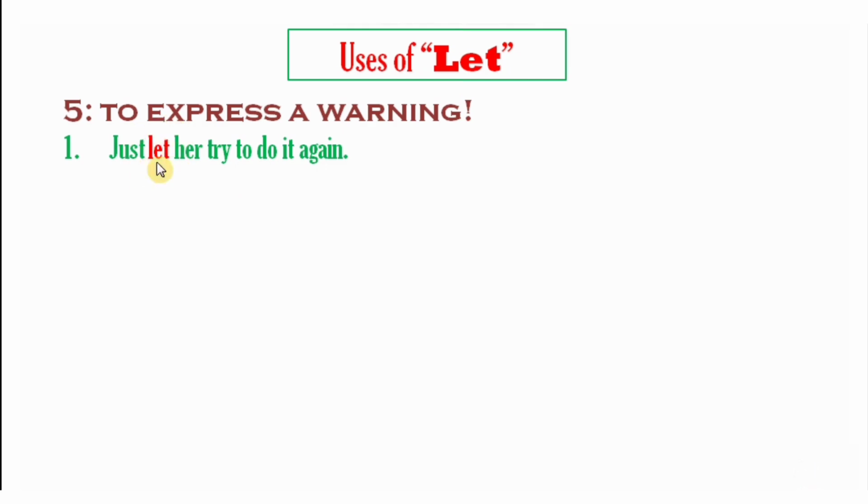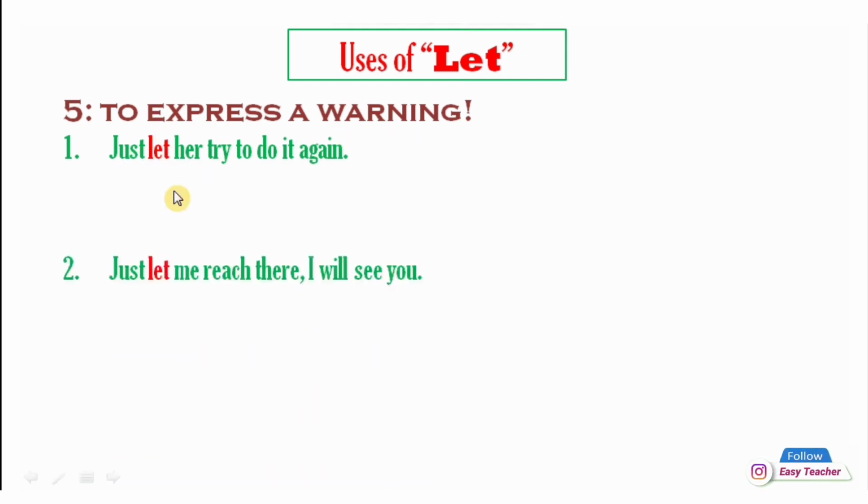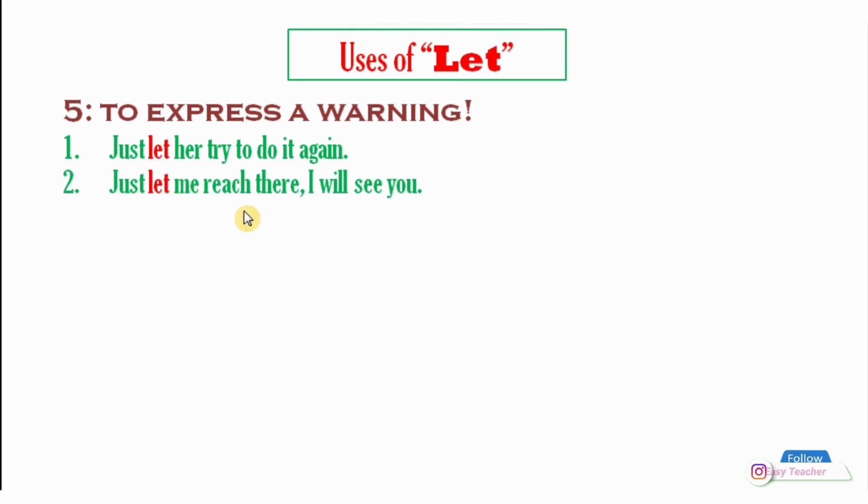It means this let is giving the meaning of warning. Second is just let me reach there, I will see you. It means when I reach there, I will see you. Here again let is giving the meaning of warning. So let is also used to give a warning to any person.